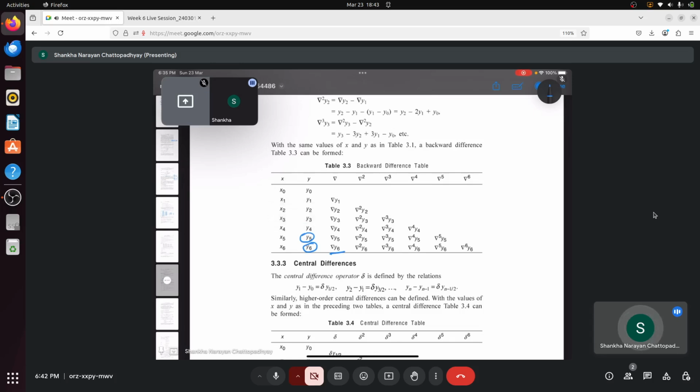So nabla y6 is y6 minus y5, nabla y5 is y5 minus y4. That is how you will go. And similarly here also you can have up to 6th order difference only, sorry, I said derivative.